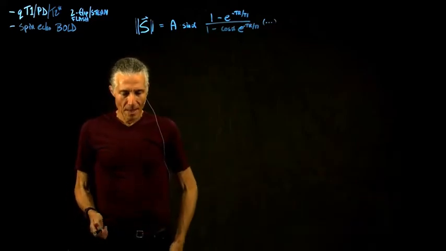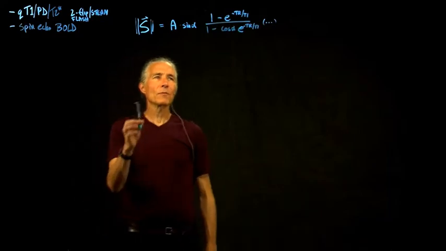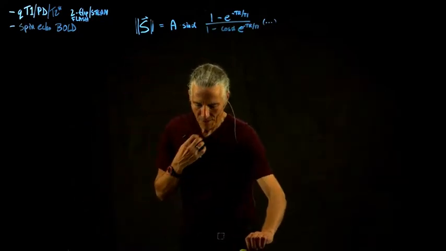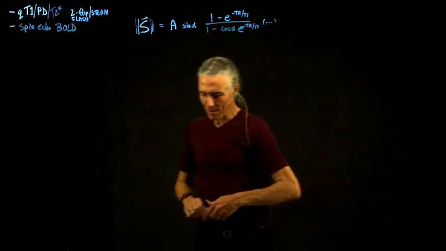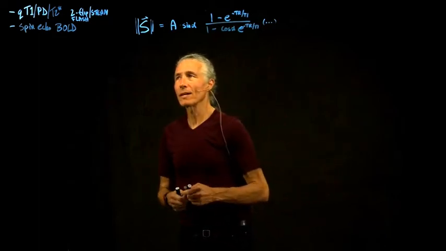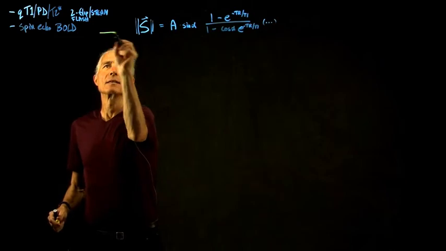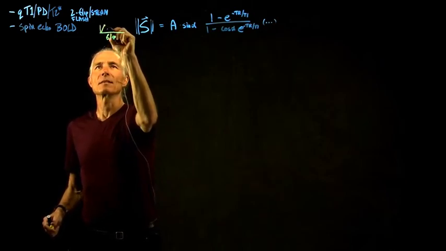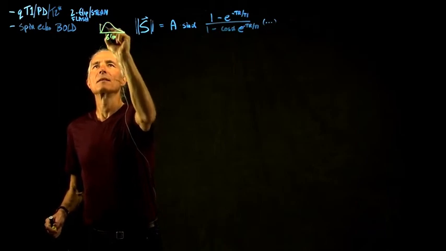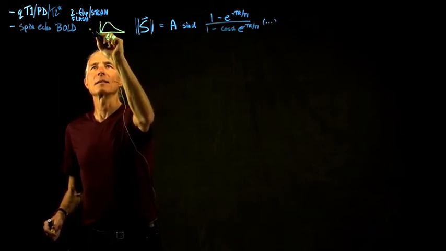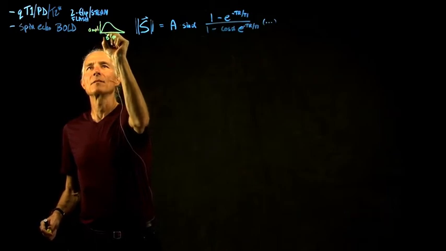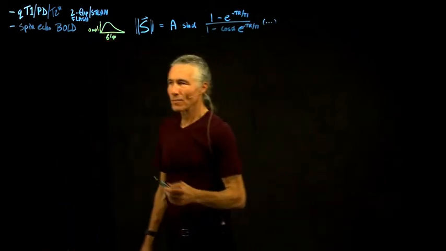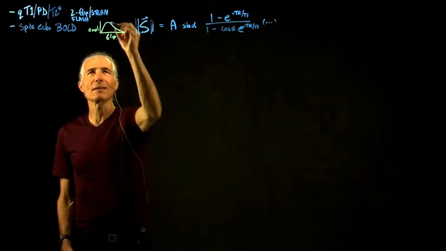And a little side note: when you plot this equation out, as a function of the flip angle, you get something that looks like this. So this is the amplitude. And the peak of that is called the Ernst angle, and this is a useful equation just when you're sitting down at the scanner.